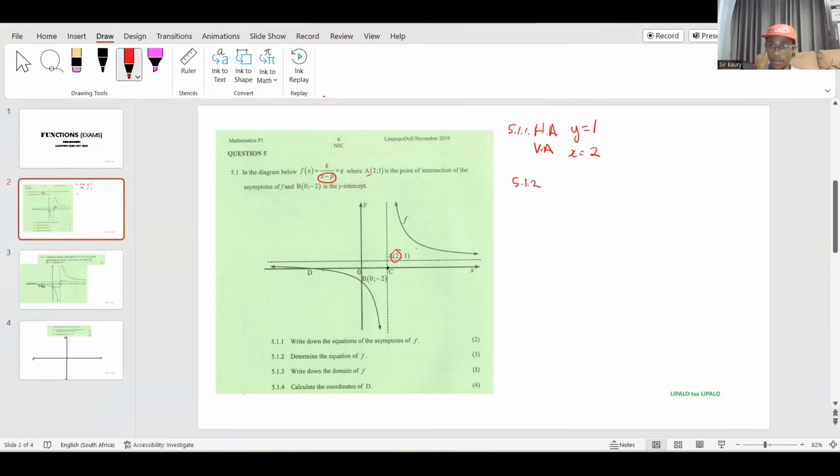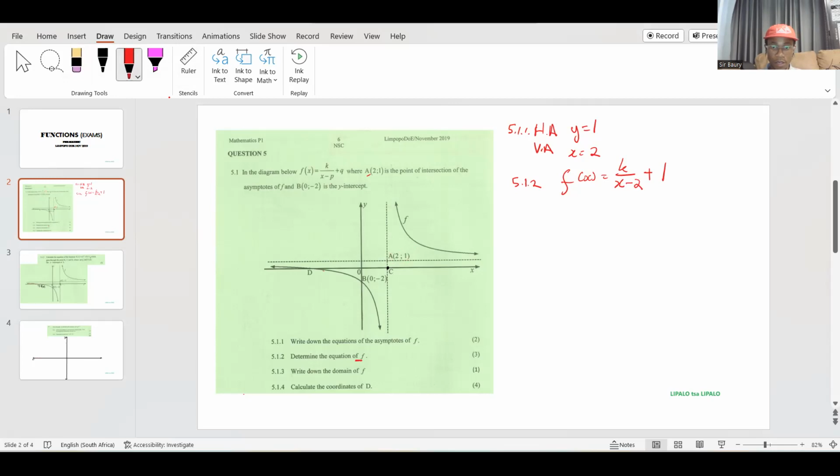In the second question, they're saying determine the equation of f. So f of x is equal to k over x minus p plus q. I know p is the asymptote, so it's going to be a different sign: x minus 2, and q I just take as 1 from here.